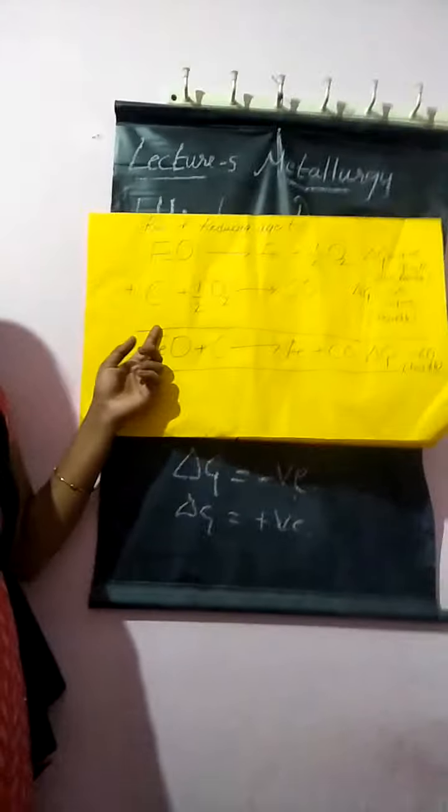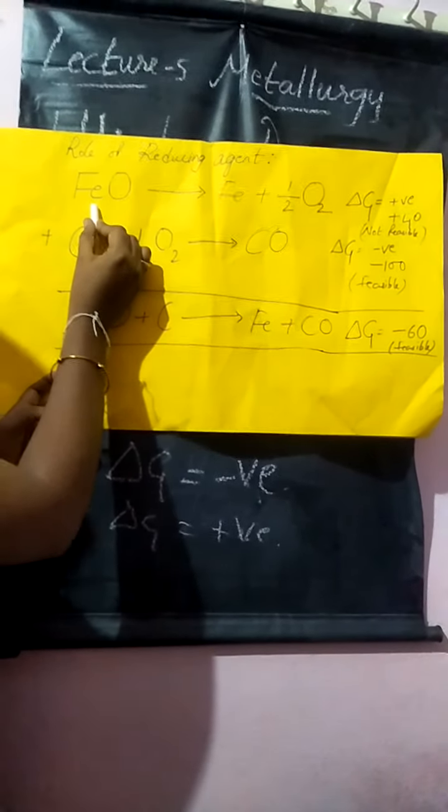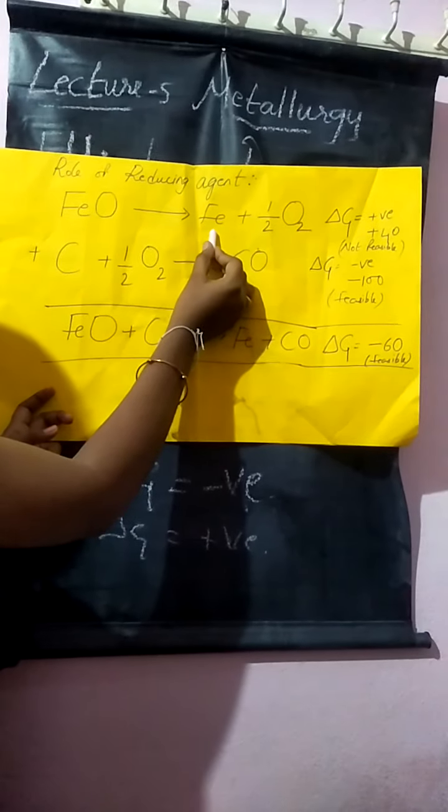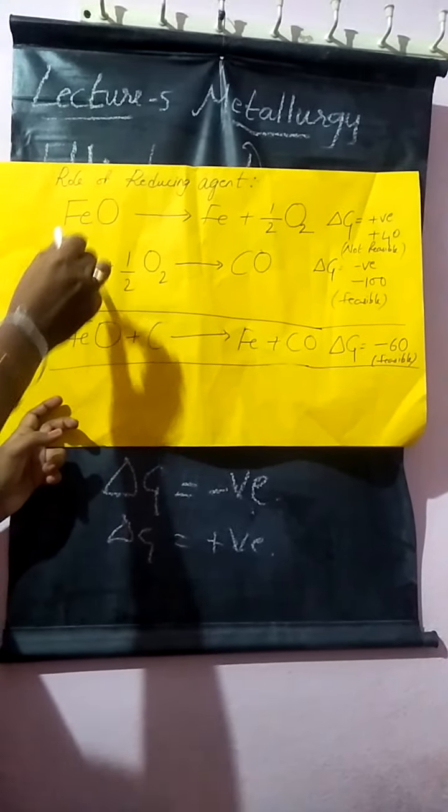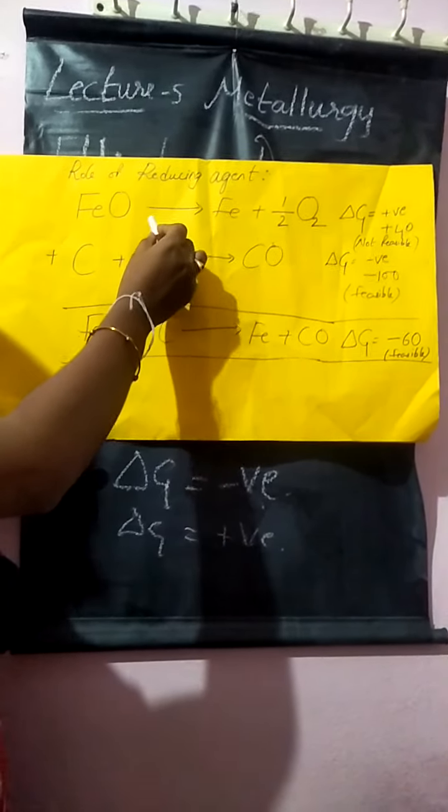If we take an example, here this is iron oxide getting converted into iron and oxygen. This is a reaction where we are not using any reducing agent, and if you look at the delta G value, it is positive.